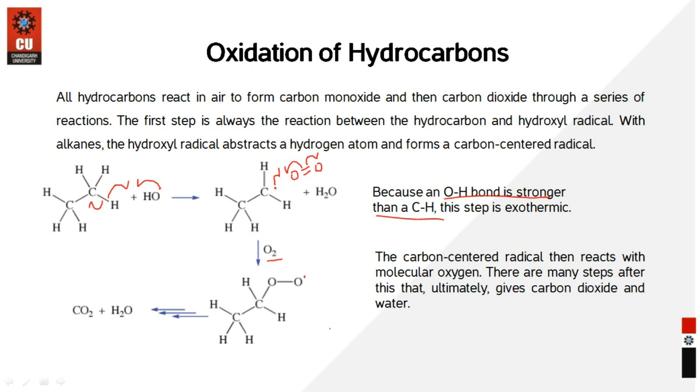Before the attack of the OH radical we have a pure alkane, and pure alkanes are deactivated. This OH radical abstracts one H radical and becomes water, generating one radical that reacts further. That means it activates the molecule. After several steps we get carbon dioxide and water.